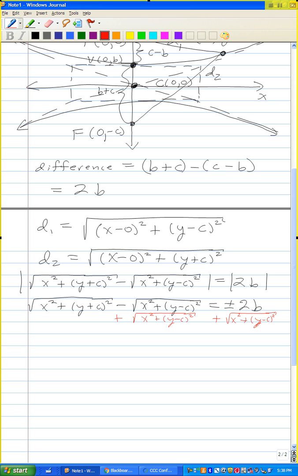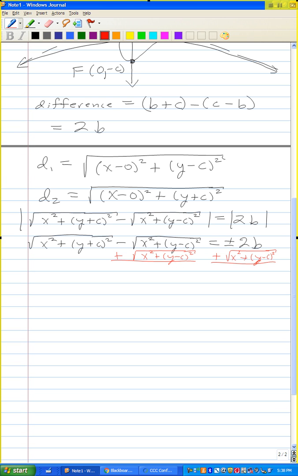And so I get the radical of x squared plus (y plus c) squared is equal to the radical of x squared plus (y minus c) squared plus or minus 2b.